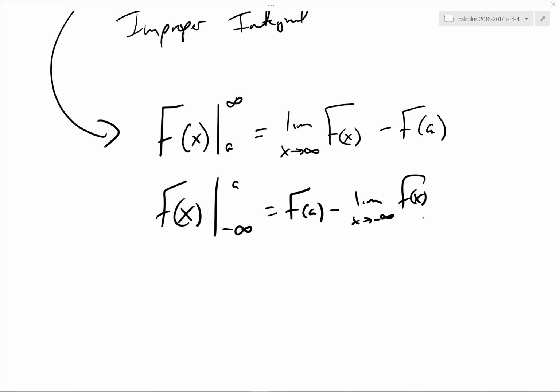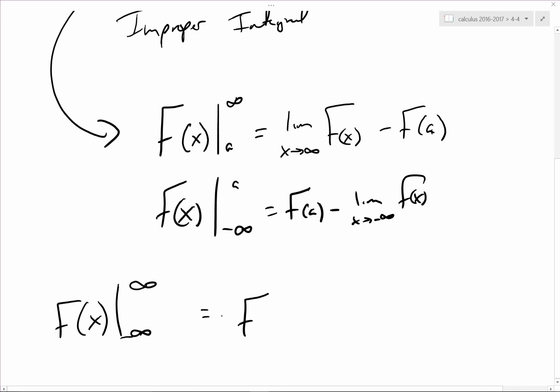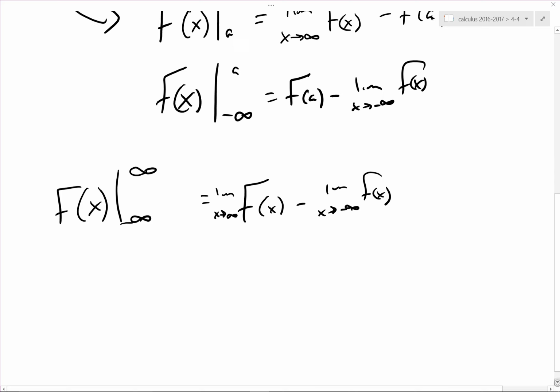The problem with this one is that someone might say, oh, this should be the limit as x approaches infinity of F of x minus the limit as x approaches negative infinity of F of x. The problem is that isn't always true. This one's a little weird.